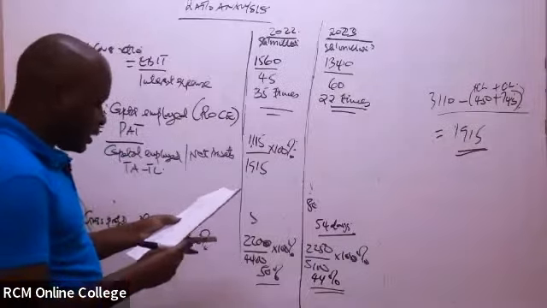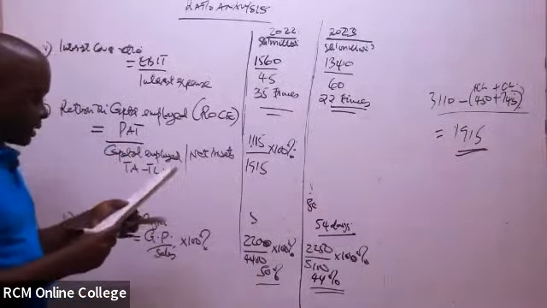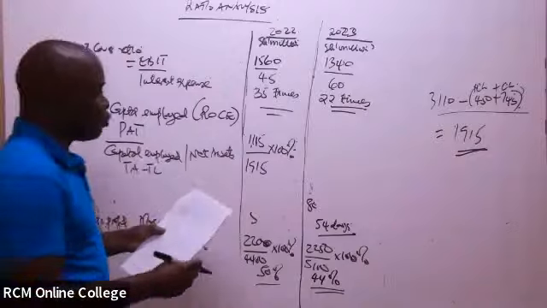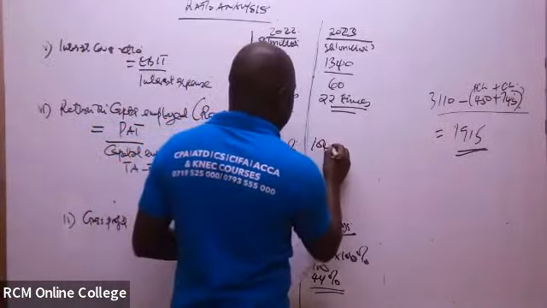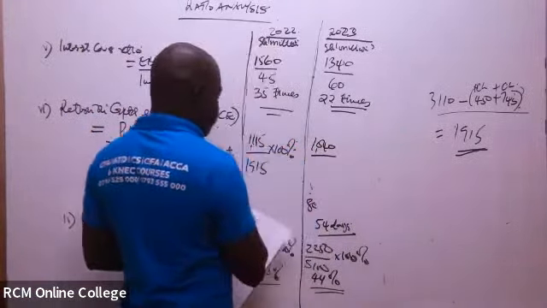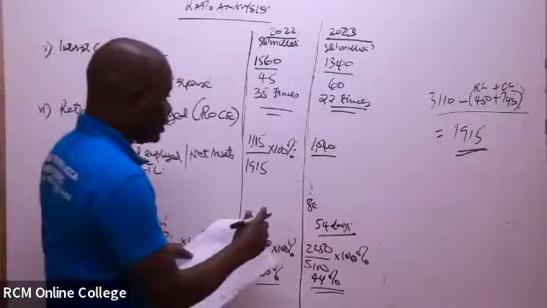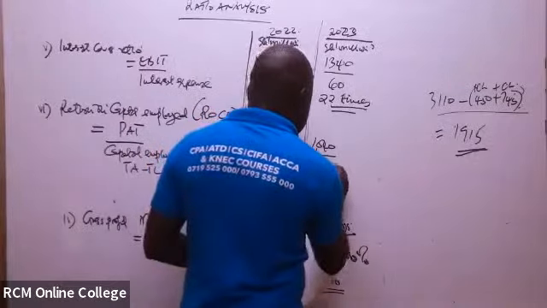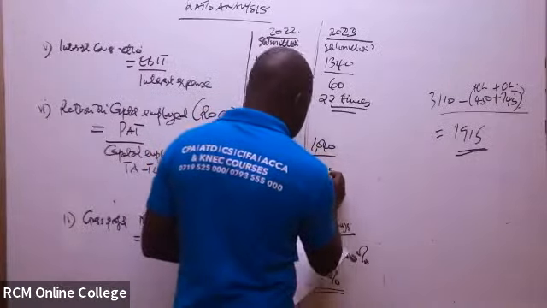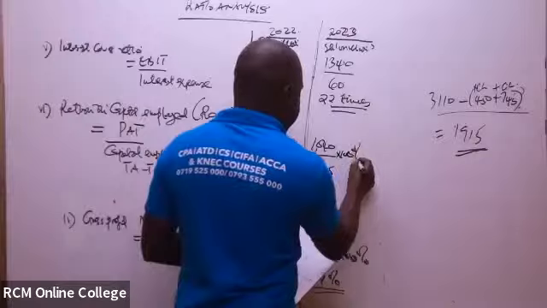So you go to the year 2023. The profit after tax is 1040. You divide by the capital employed, which will be 2785, and multiply by 100%.